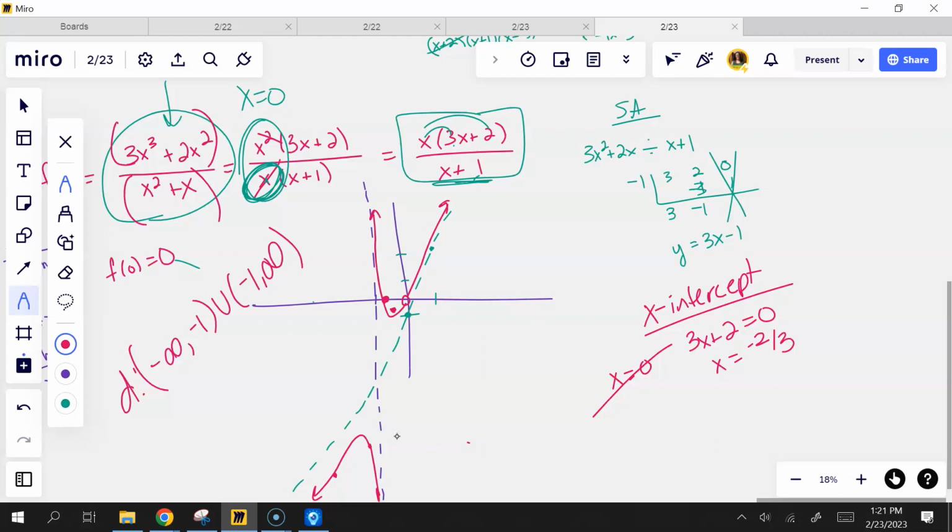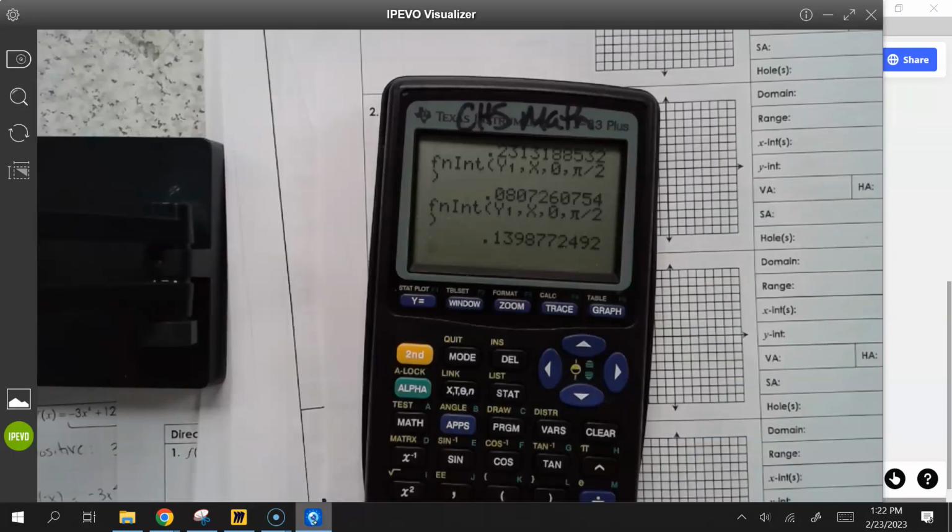Here's what I need to do. What do I need to know? I need to know this point and I need to know this point so I can do my range. Yes, use your calculator for sure.